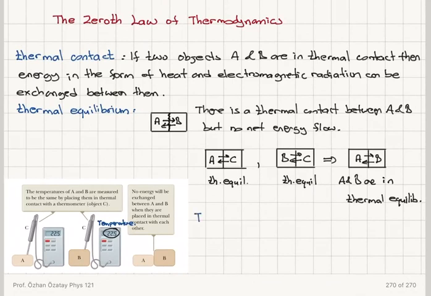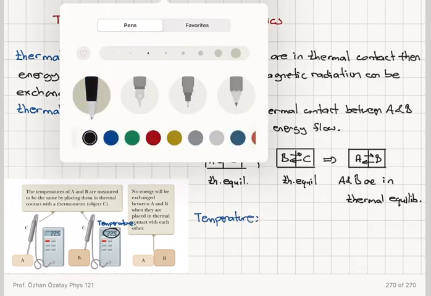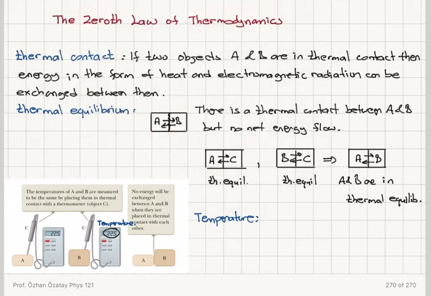And basically a temperature concept tells me how far from thermal equilibrium a system is with respect to a reference system.